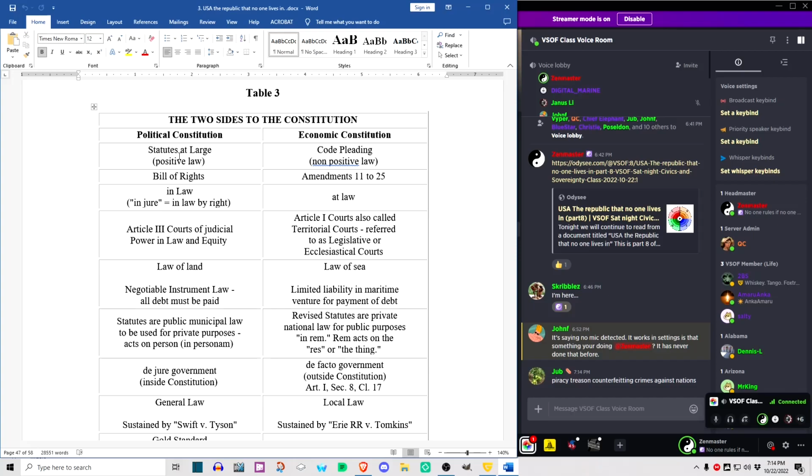Now, you can also do it from a standpoint that the foreman of the grand jury can also prosecute the case themselves if they wish to, which has been done in American jurisprudence many times.